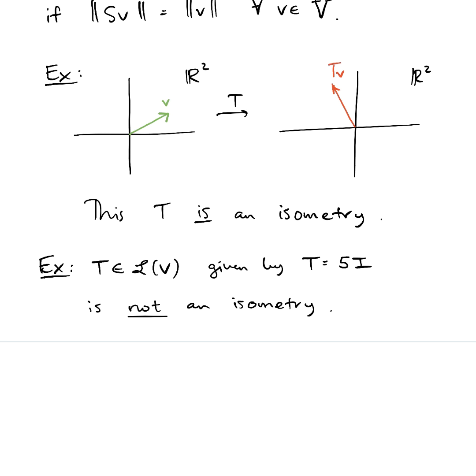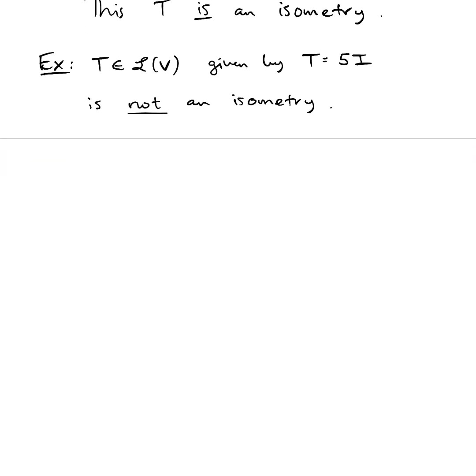Now, if you're looking to build an isometry, then there's one clear-cut way to do that for sure. All right, let's say you've got an inner product space V. Nothing specific really in mind here.